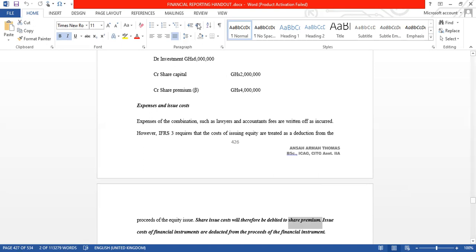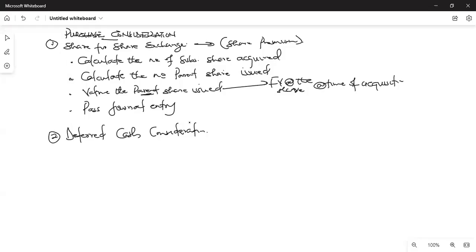Now let's go and see how we deal with deferred consideration. In deferred consideration, what you need to do is that you have to PV the deferred consideration.